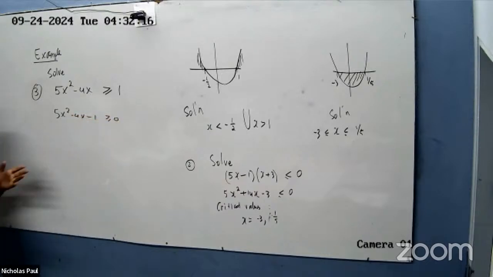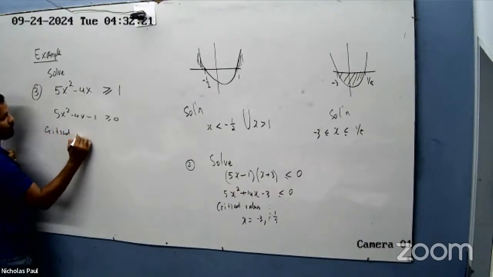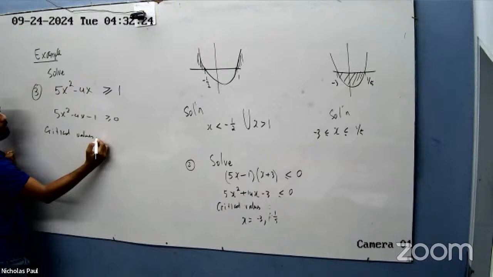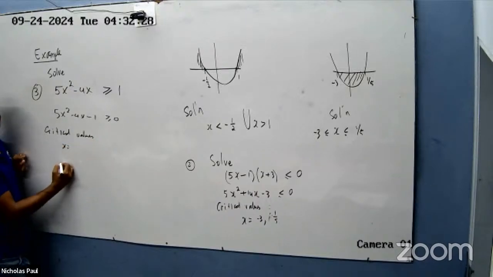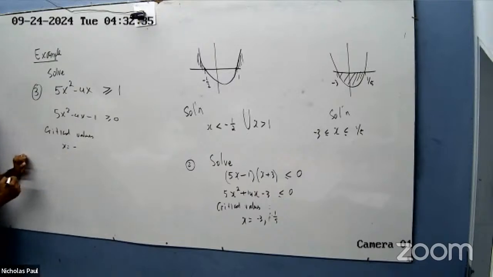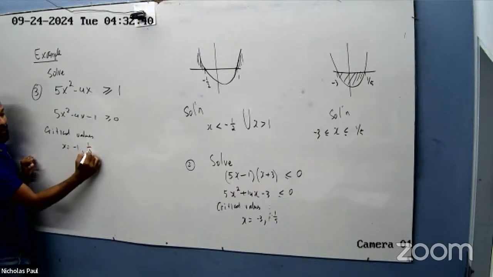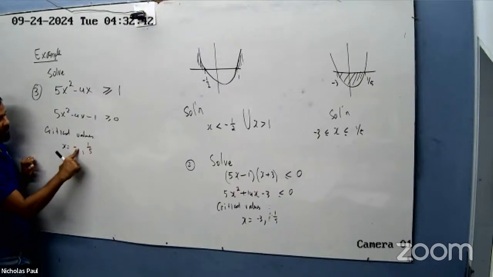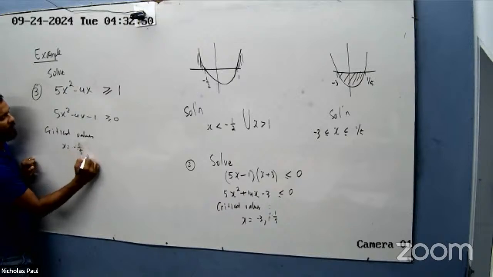Right, so this is a minimum, and the critical values are what? Negative one fifth and one.